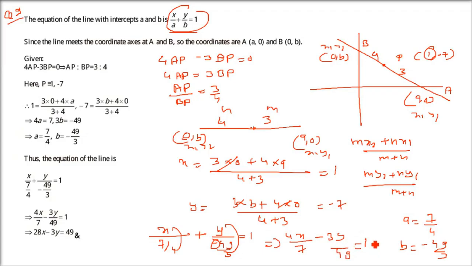Now multiply both sides by 49 because 49 will be the LCM. And what do you get? 7 7s are 49, 7 4s are 28, 28x minus 3y equals 49. Every member you have to multiply by 49. So 28x minus 3y equals 49. This is the equation.